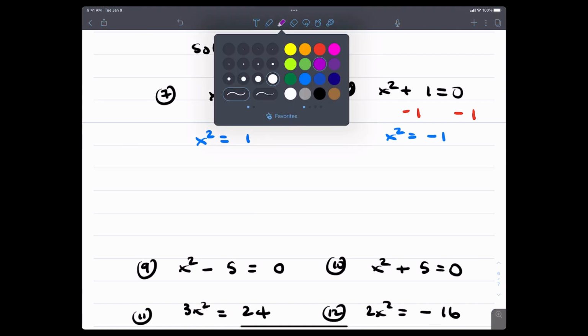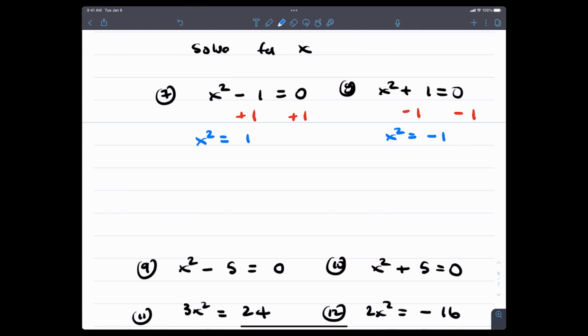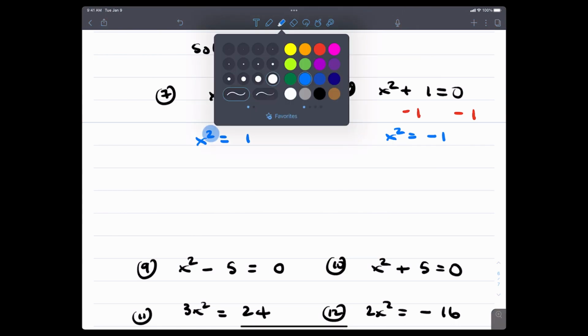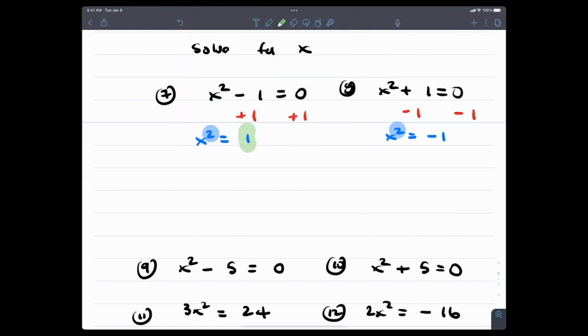All right, good job. And now I'm going to say, what do you see? x squared. What does it equal? A number. Okay, what do you use? Square root formula. x is plus or minus square root of 1. x is plus or minus square root of negative 1.